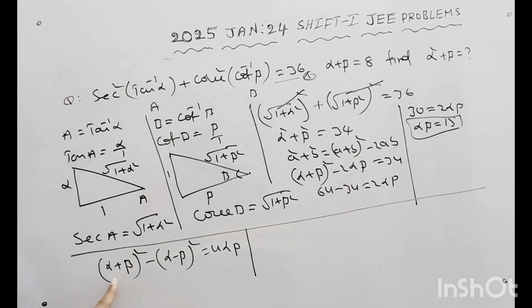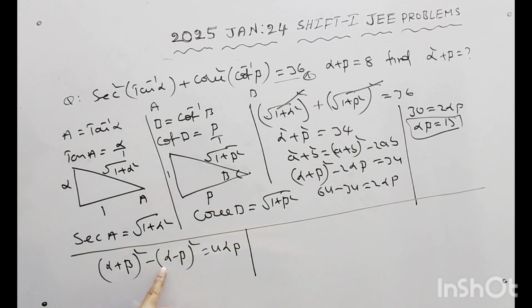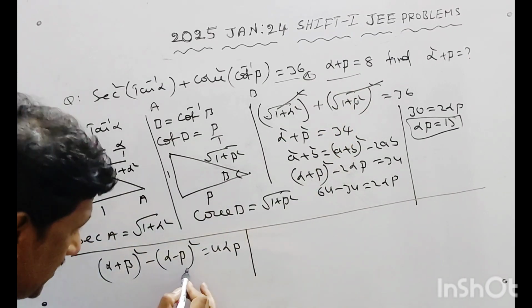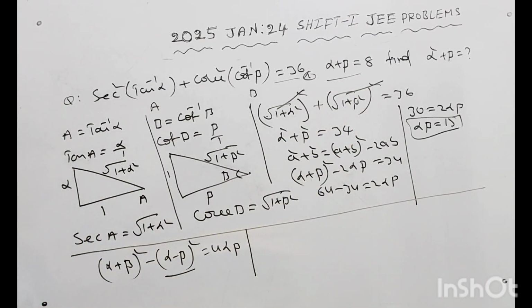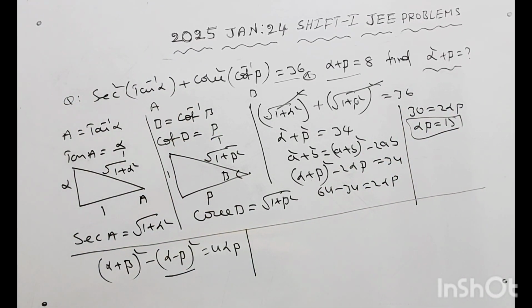So substitute the alpha plus beta value as well as the alpha beta value, so that you will get alpha minus beta. Whenever you get the value of alpha minus beta, solve alpha plus beta is equal to 8 and alpha minus beta is equal to something. So solve this equation and this equation, so that you will get alpha and beta values. Once you get the alpha and beta values, substitute those values in the required step, so that you will get the required answer.